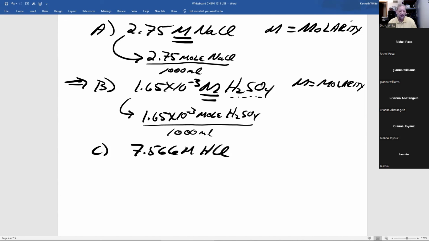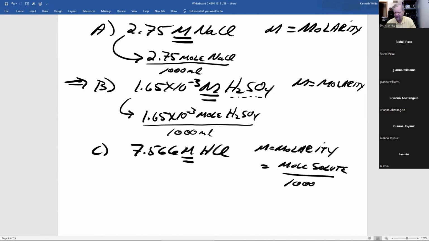All right, I think everybody's done, so it's my turn. Capital M means molarity, and that means moles solute per 1,000 milliliters. So what's the solute? HCl.